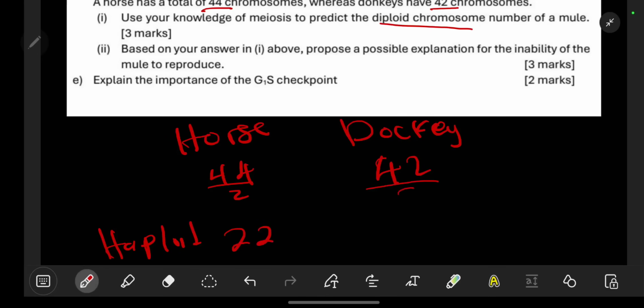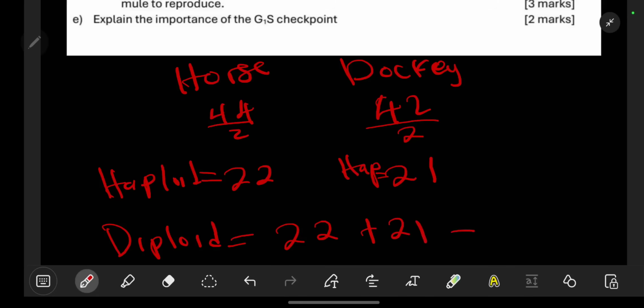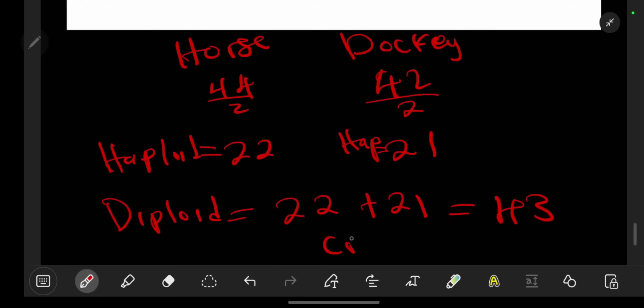Then even here we divide by 2, we are going to have 21. Therefore, the diploid state of the mule, it means we have to add the horse and the donkey, which will be our 22 plus our 21, which will give us 43 chromosomes. So that's how we answer that one.